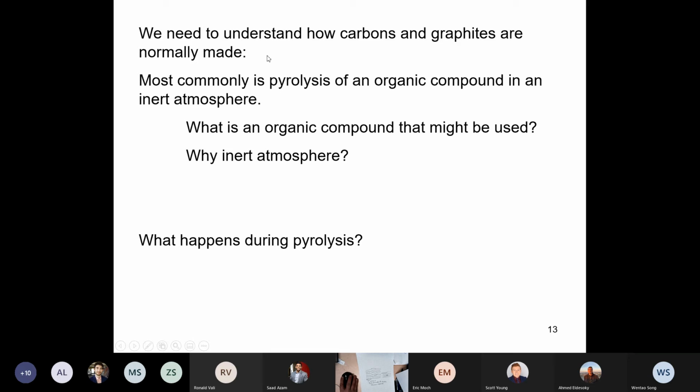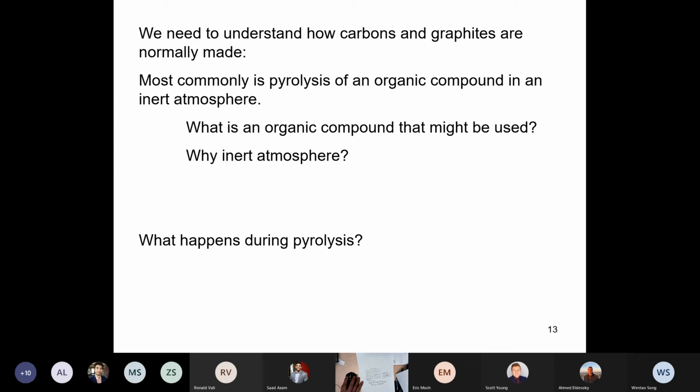Okay, so to understand all of this, we have to understand how carbons and graphites are normally made. And like I say, most commonly you pyrolyze an organic compound in an inert atmosphere. So what is an organic compound that might be used? And you have to use an inert atmosphere because otherwise a carbon will burn up. Organic compounds that might be used can be anything, and I'm not joking.